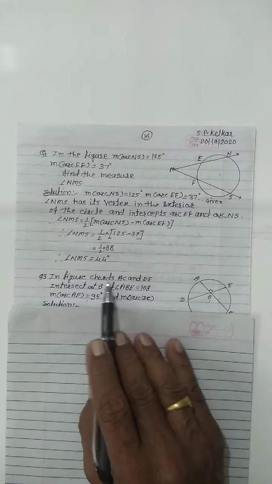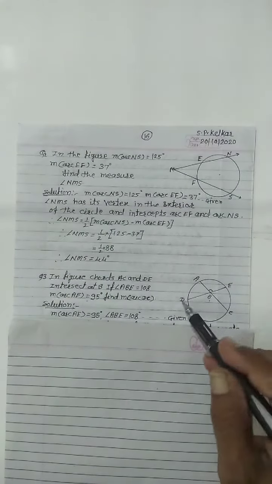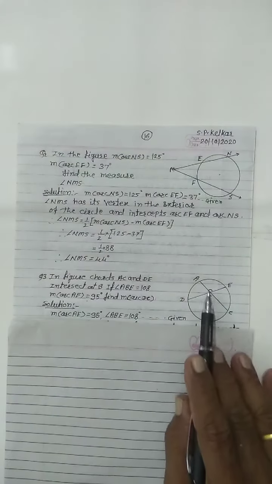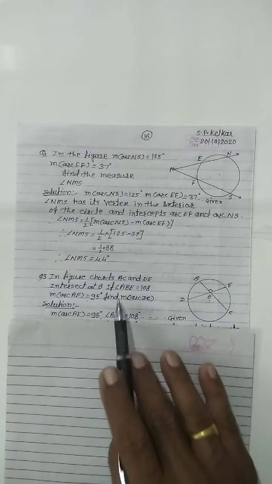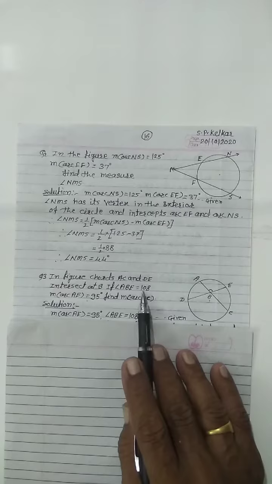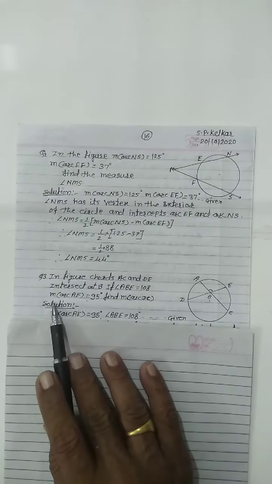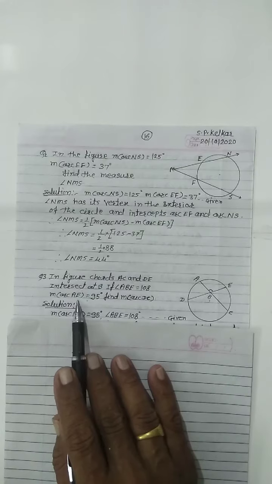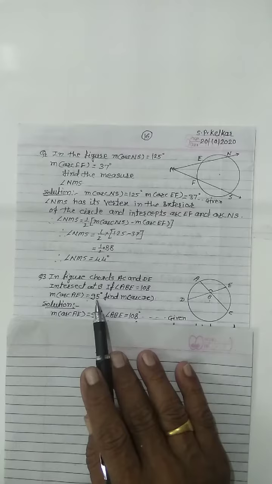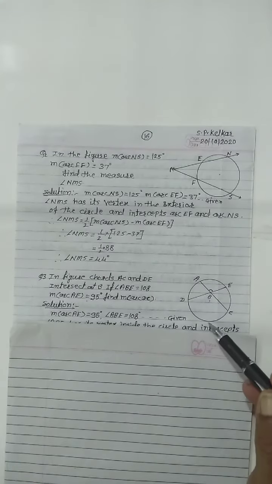In the figure, chord AC and chord DE intersect at B. If angle ABE equals 108, and measure of arc AE equals 95 degrees, find the measure of arc DC.